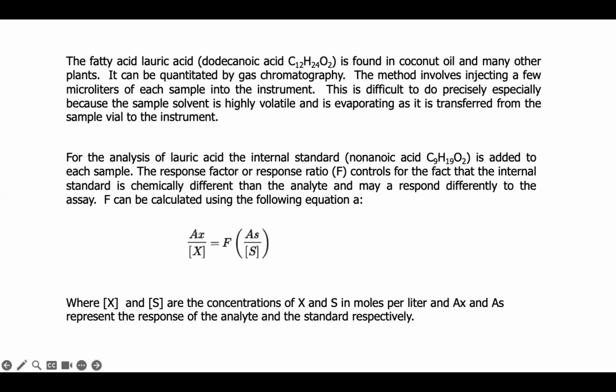So this one is the signal generated from the machine. This one is the concentration of the analyte, which is lauric acid, the one that we want to measure, and S is the internal standard concentration. So we have to find the F first before we can do further calculation when using an internal standard.